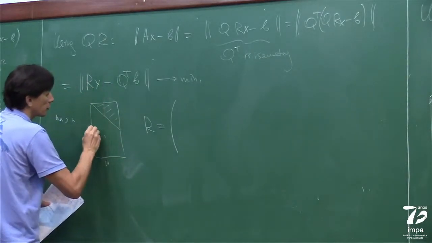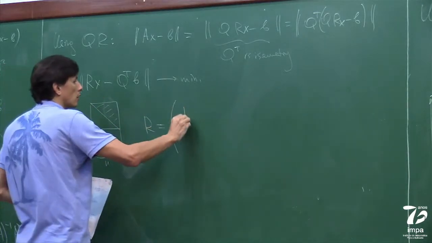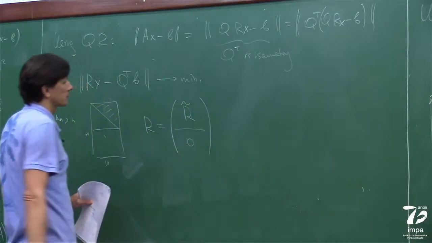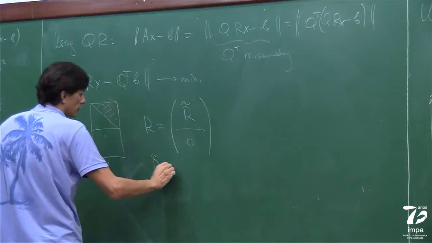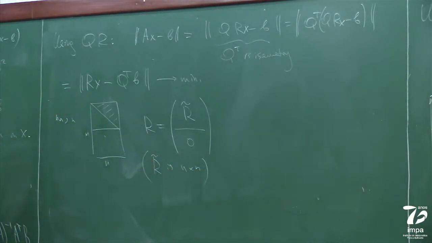So R can be written as two parts: the upper part, which we called R tilde, and the rest is 0. This R tilde is an n by n matrix.